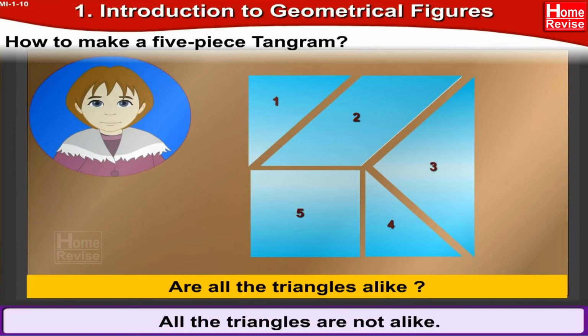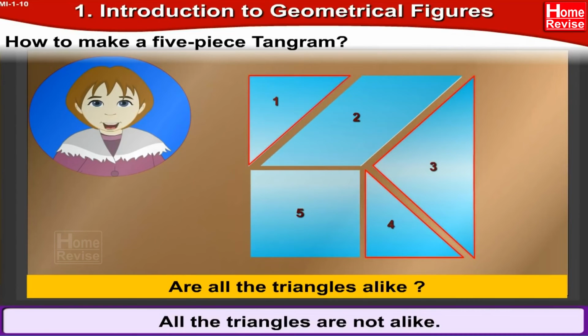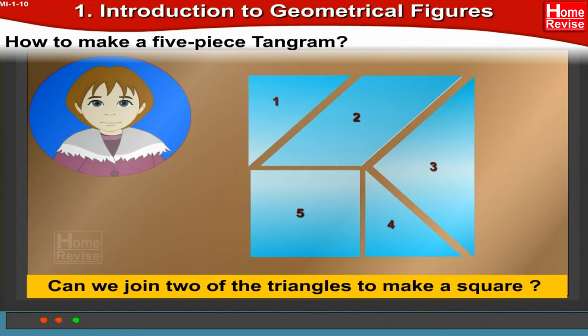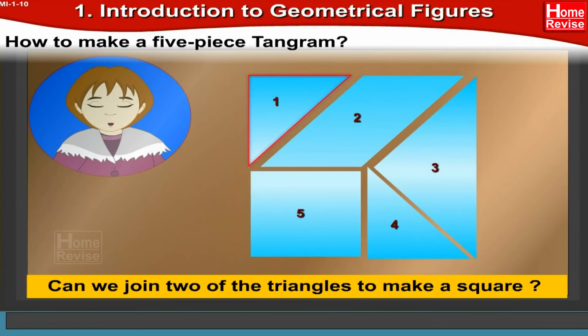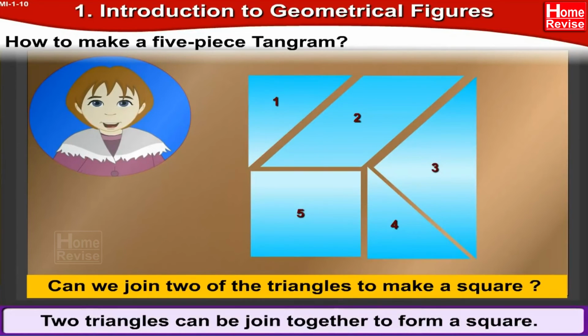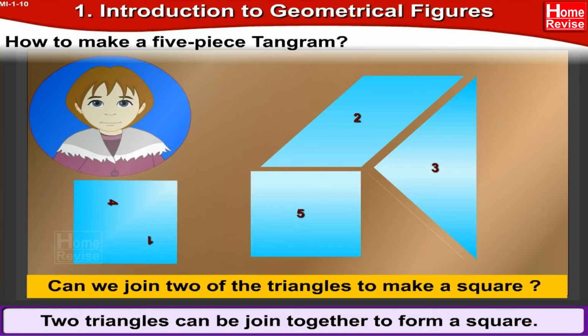If you notice, all the triangles are not alike. Can we join 2 of the triangles to make a square? Well, if we see properly, yes, 2 triangles can be joined together to form a square, and that would be triangle number 1 and triangle number 4.